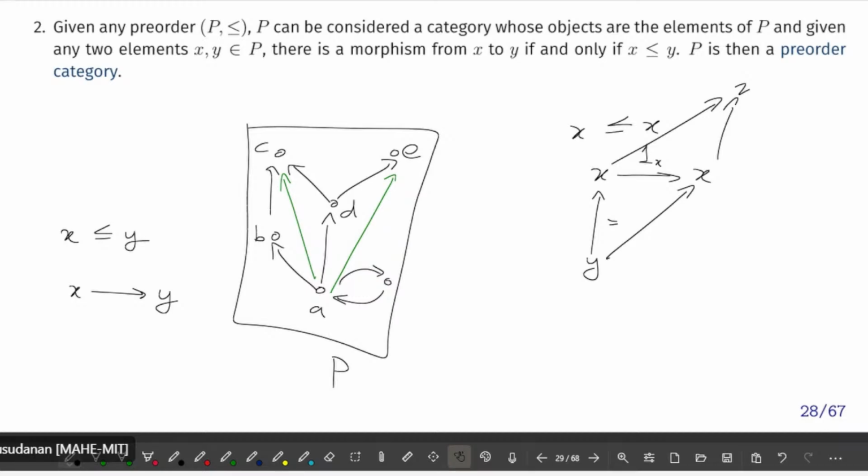So generally in a category, you start from a group, and also another category that is not.